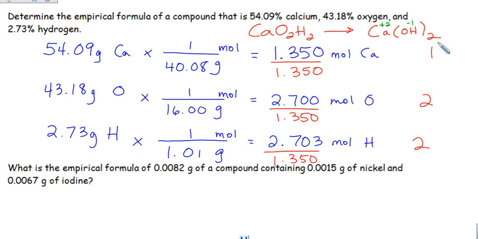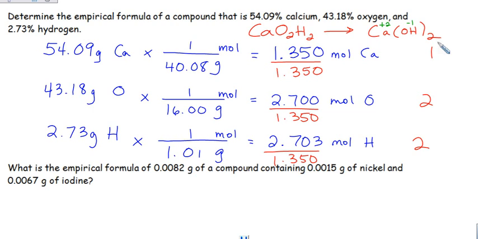Well, that would have been a lot less work, huh? If you get lucky enough that the first metal is either a group 1 alkali metal or a group 2 alkaline earth, you kind of don't even need to do a calculation. You can figure out the formula by using their charges. Now that would not be the case with the second one.